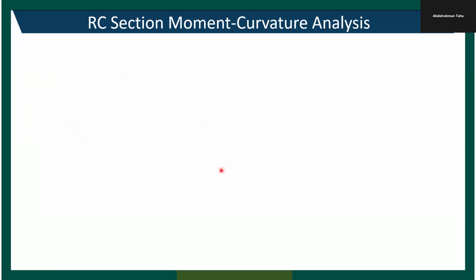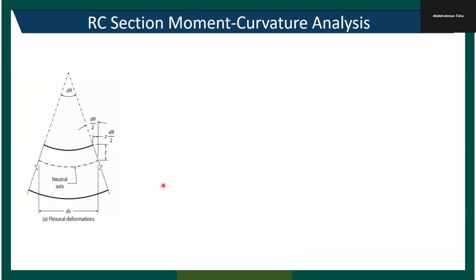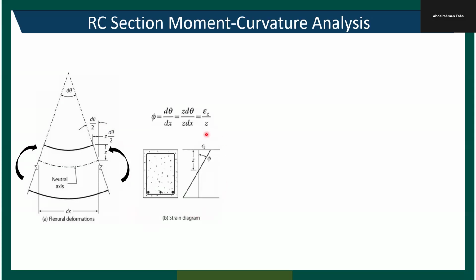So, RC section moment curvature analysis. If we have a reinforced concrete cross section like this one subjected to bending moment, then this is the strain distribution that we will get. Of course, this is assuming the plane sections remain plane after deformation assumption.